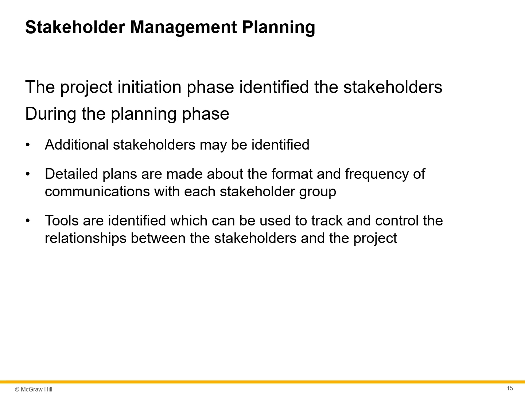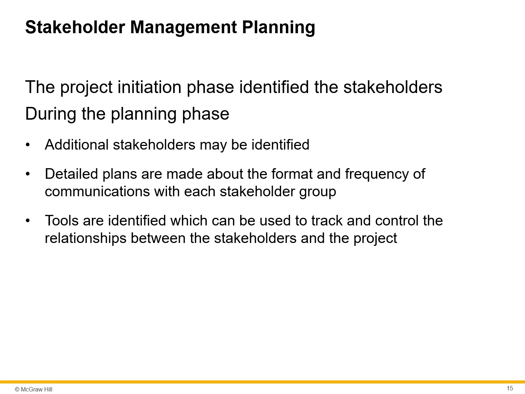Next one, stakeholder management planning. The project initiation phase identified the stakeholders. During the planning phase, additional stakeholders may be identified. Detailed plans are made about the format and frequency of communications with each stakeholder group.